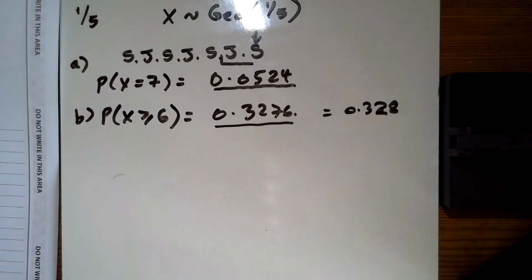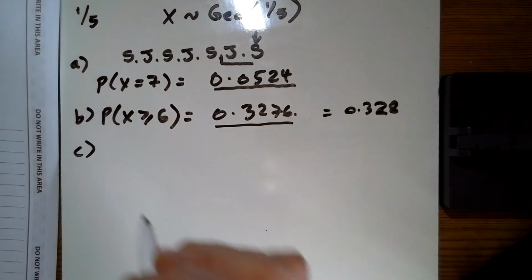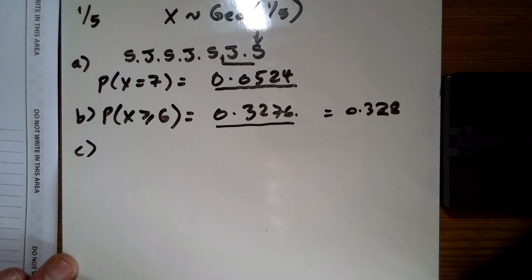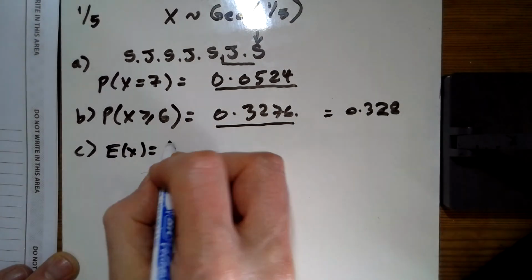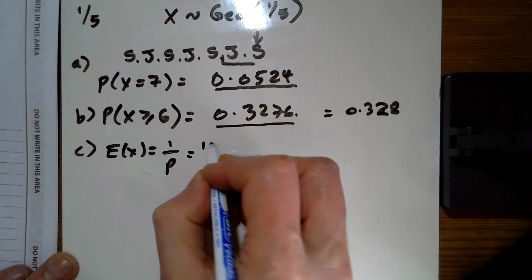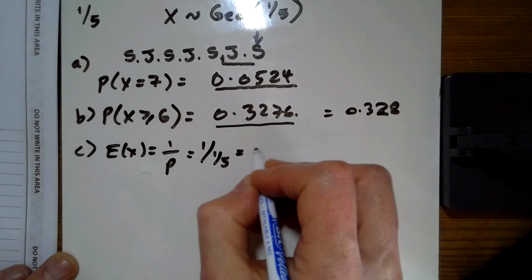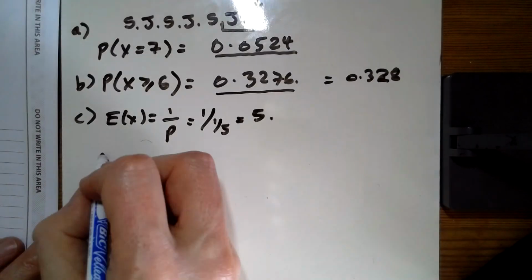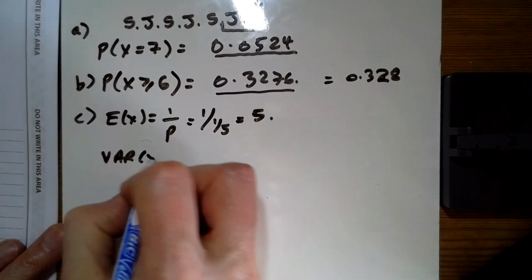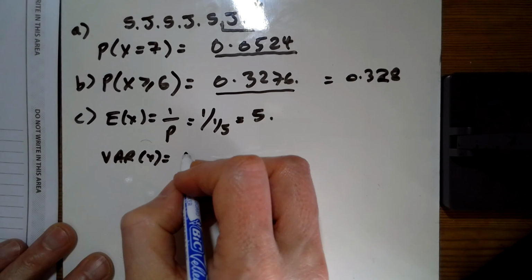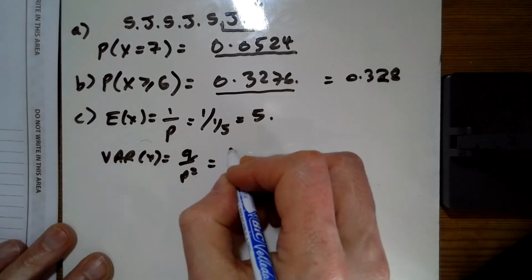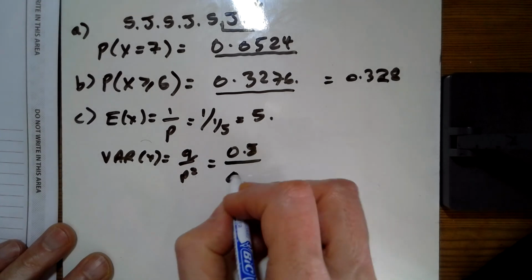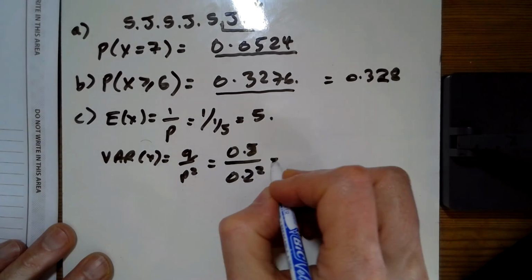Part C, we need to remember the mean and the mean formula. So from the formula book, the mean is 1 over p, so 1 over a fifth is equal to 5, and the variance of x is q over p squared, so that's 0.8 over 0.2 squared.